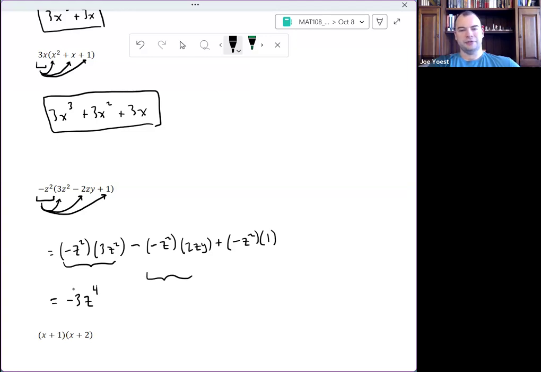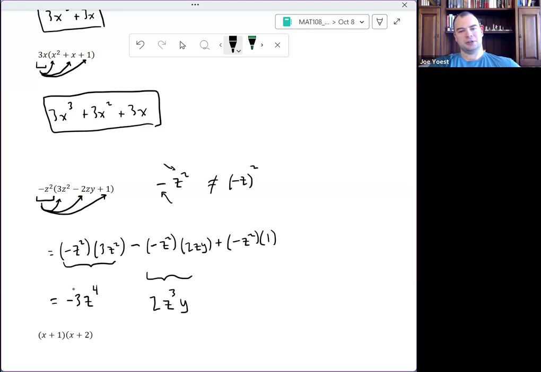Over here I have, well, let's forget about the negatives for just a minute, but I have z squared times 2 times z times y. Well, that gives me a 2 z to the third power times y. Note that this is negative z squared, not negative z all squared. So this negative is not getting hit by that squared.